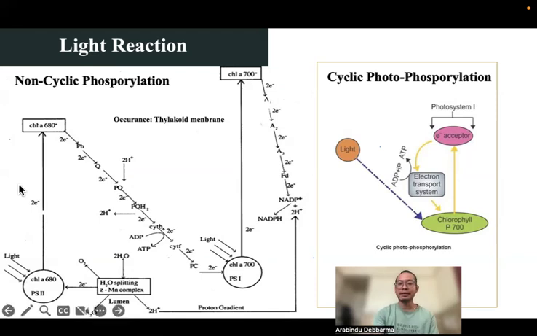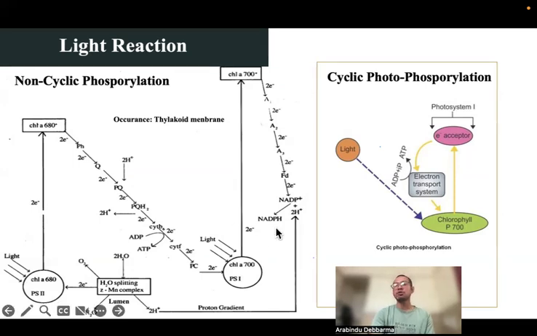Now, these electrons, which were split from water at photosystem 2, took their journey and reached photosystem 1, and finally were accepted by NADP, and the electron doesn't come back to either photosystem 1 or photosystem 2.